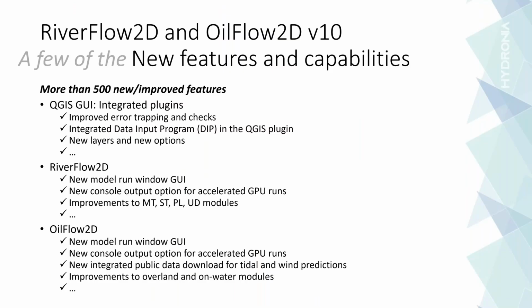In OilFlow2D, we have also the new run window GUI, the new console output options. We have a new integrated public data download for tidal and wind predictions that I will show you, and I think this is a very, very nice feature. And we have general improvements to overland and on water modules as well.